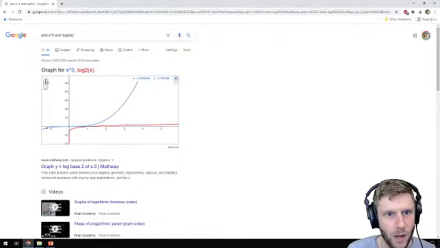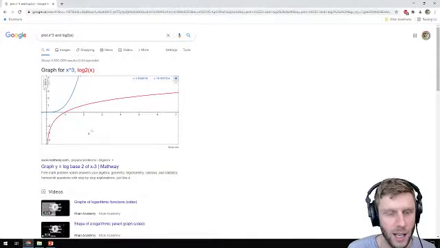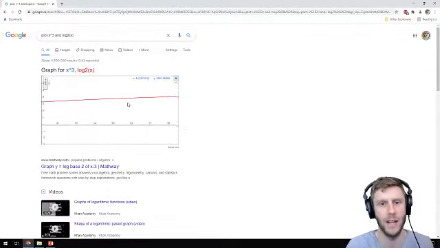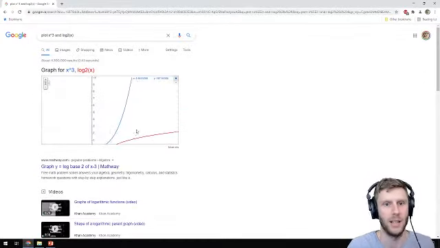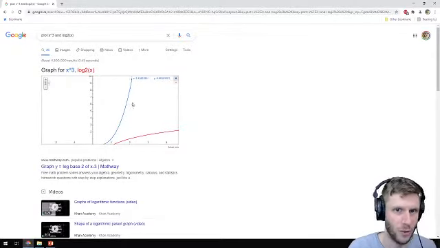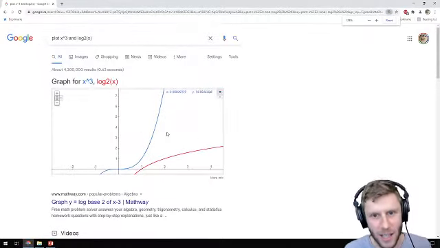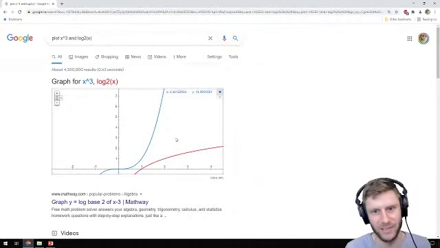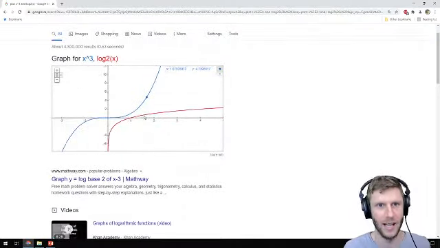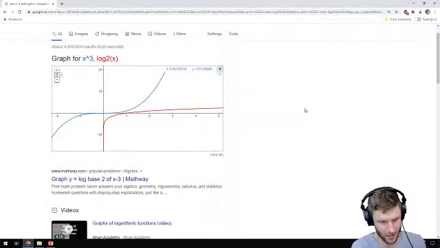If we zoom in far enough, we'll see that yes, the log base 2 of n does grow, but n cubed grows so much faster. And again, I realize this might be hard to see, but the point being, n cubed is way worse than log base 2 of x.